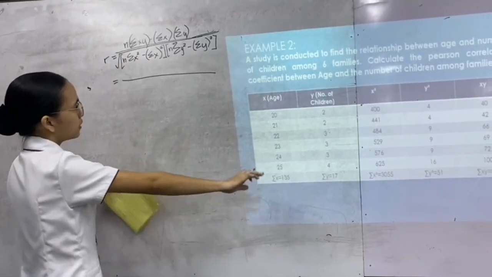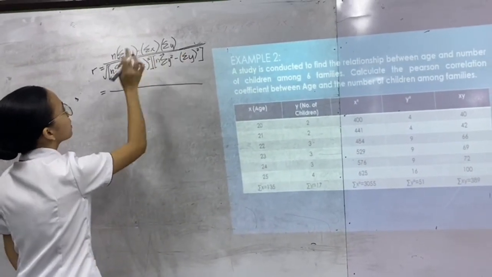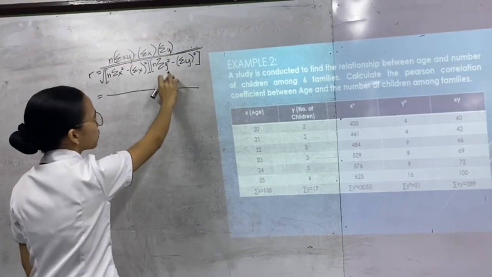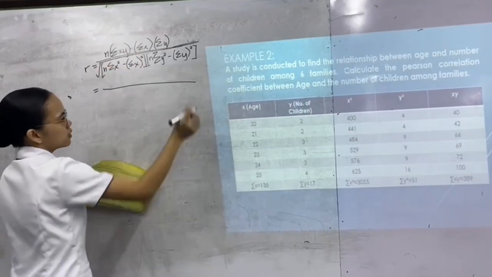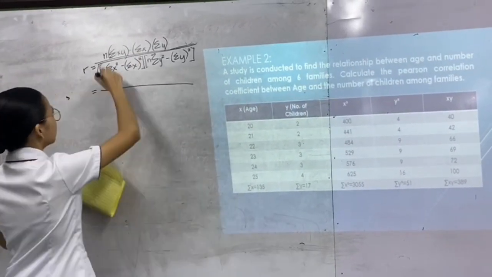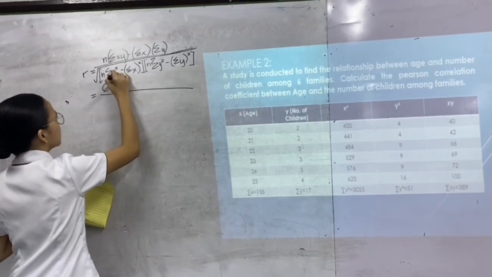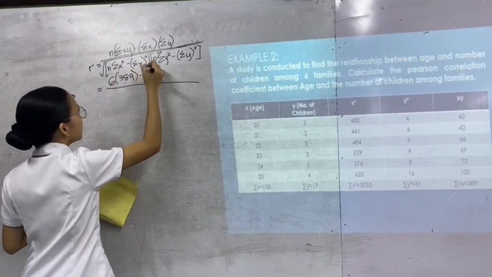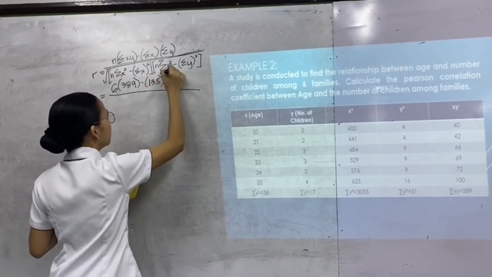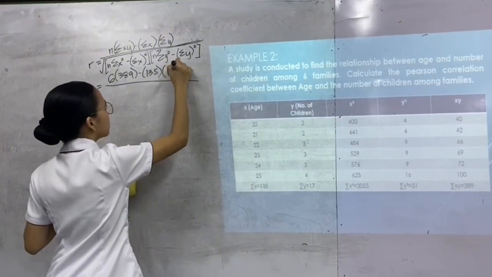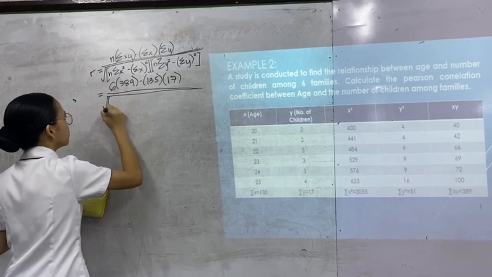First, determine the values of the summation of xy, x, y, x squared, and y squared. Simplify. And so n is 6, the number of families being studied. The summation of x is 135 and the summation of y is 17. Don't forget the square root.